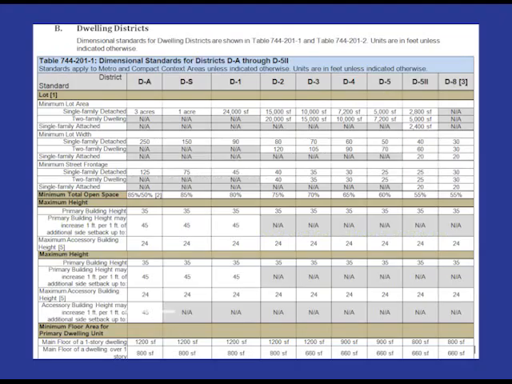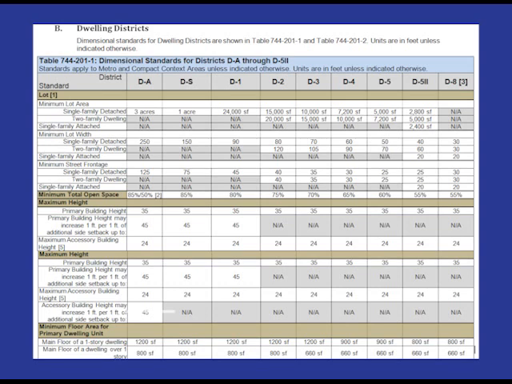What you see before you now is that table, table 744-201-1. And you'll see the layout for it. Across the top, it shows the zoning district, DA through D8 in this part of the table. Along the left column, you'll see the standard, and they're divided into components.